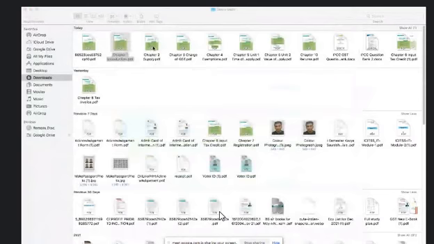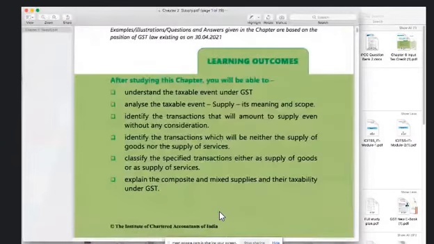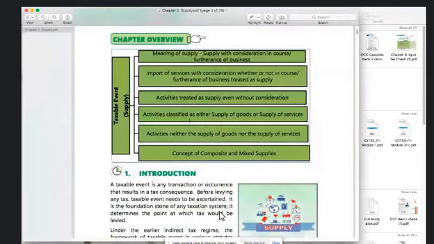And in Chapter 2, we have seen the meaning of supply with consideration in the course of furtherance of business. Then we have understood import of service with consideration, whether or not in the course of furtherance of business, is treated as supply. Then we have seen 3 schedules: Schedule 1, Schedule 2, Schedule 3. Schedule 1 is activities treated as supply even without consideration.